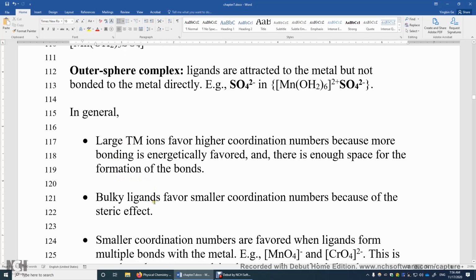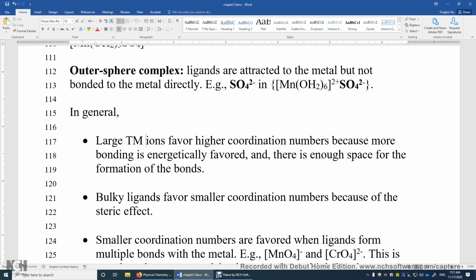What if the ligand is bulky? Let me give you one example. You can have 3 cyclohexane functional groups bonded to a phosphorus atom to form just one ligand. It's called tricyclohexylphosphine ligand.